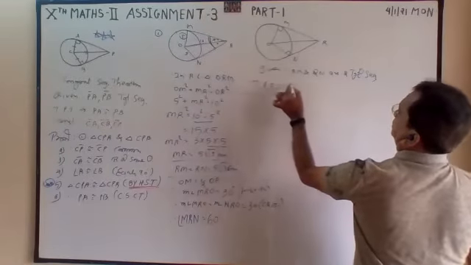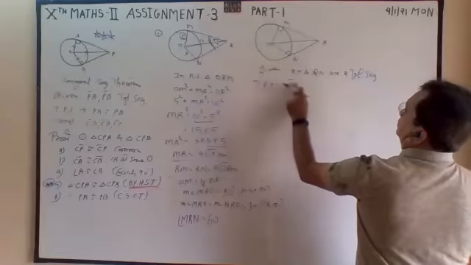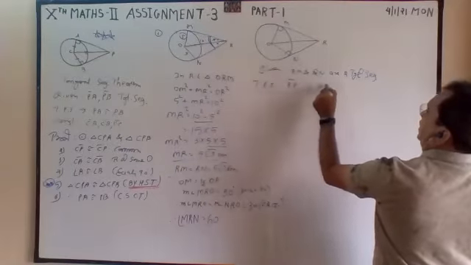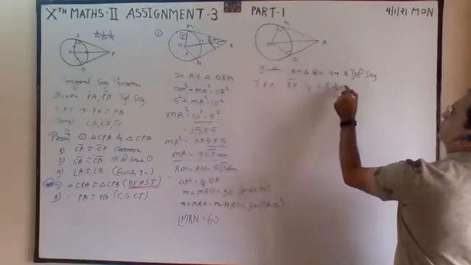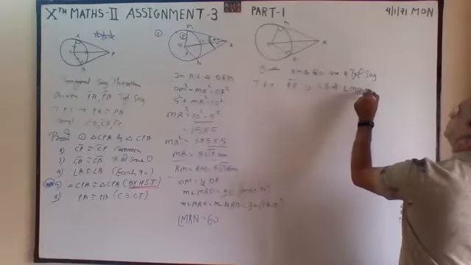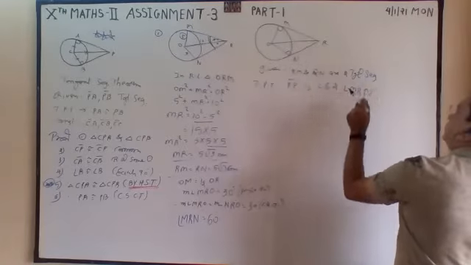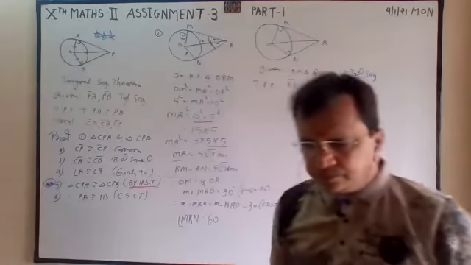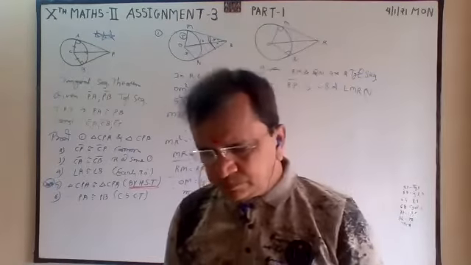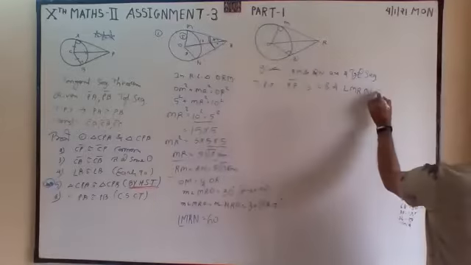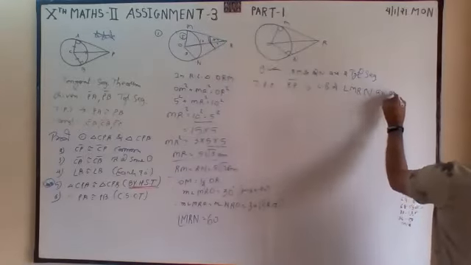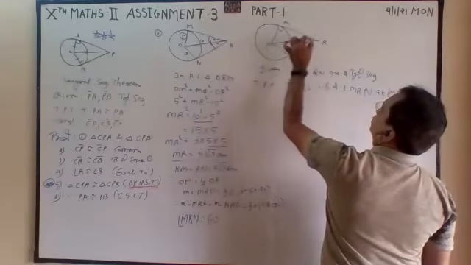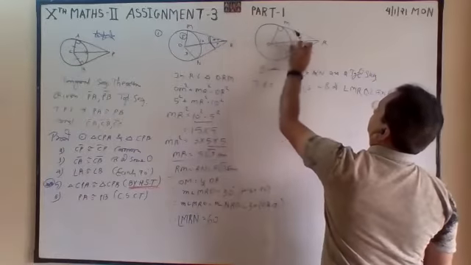To prove that RO is angle bisector of the angle, and opposite also. Means we have to prove these two are equal, these two are equal, okay?